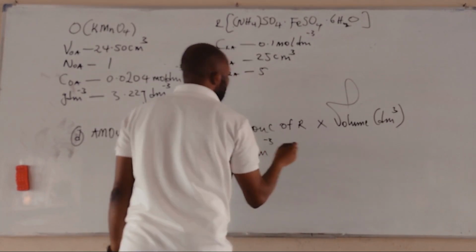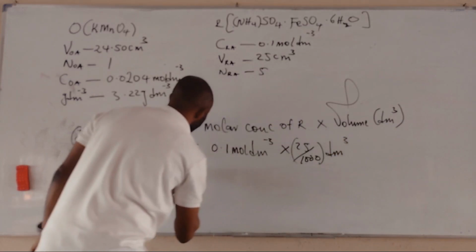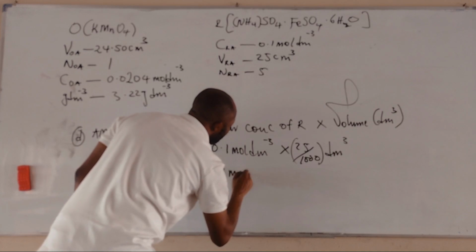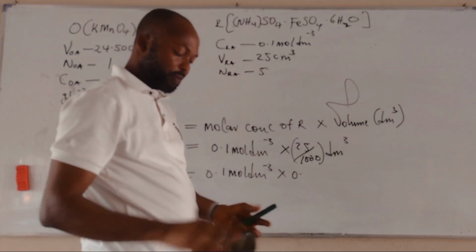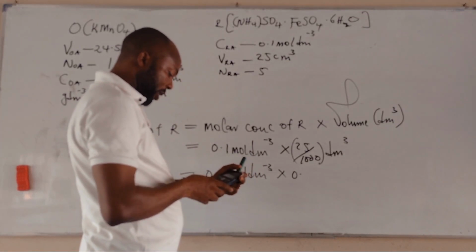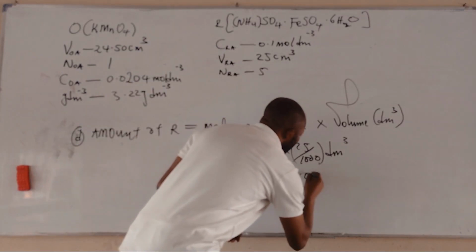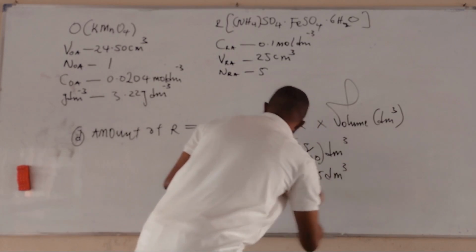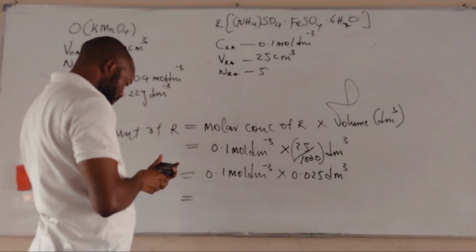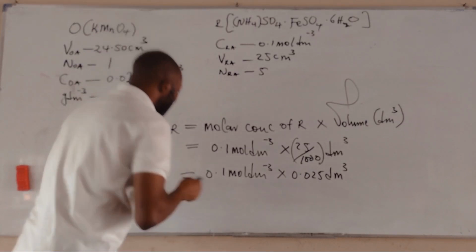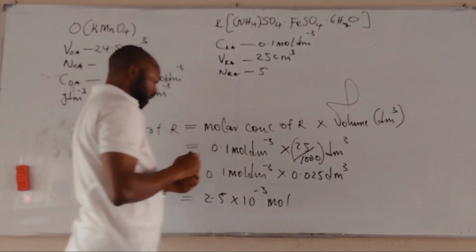The volume is 25 over 1000, I'm converting it to dm3, which is 0.025 dm3. Now, this is equal to 0.1 times 0.025, which is 2.5 times 10 raised to power minus 3 mole. The unit is in mole.